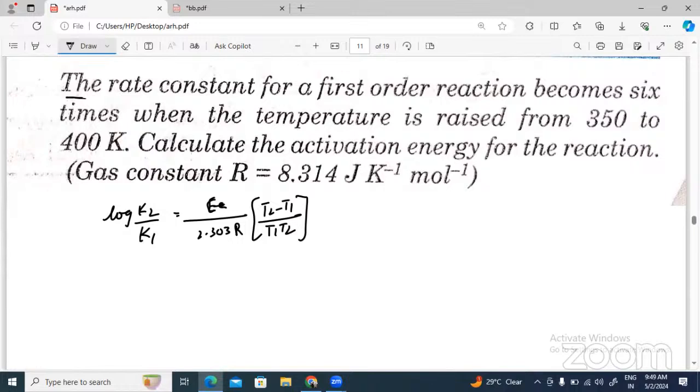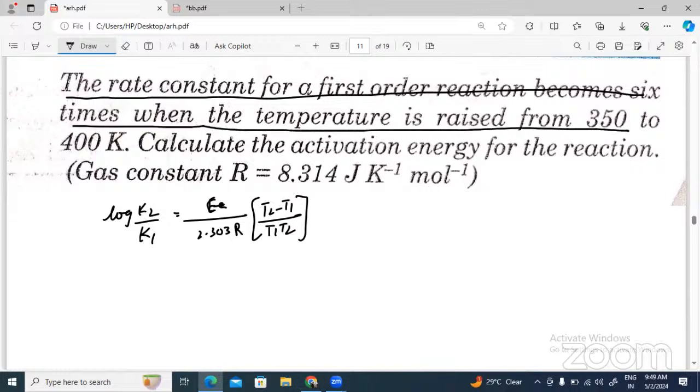See the question. The rate constant for a first order reaction becomes 6 times when temperature is raised from 350 to 400 Kelvin. So T1 is equal to 350, and the rate constant is K1. The temperature T2 becomes 400 Kelvin, so K2 is equal to 6 times K1.